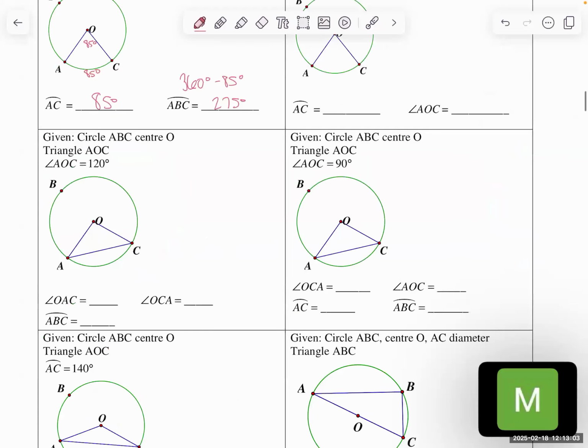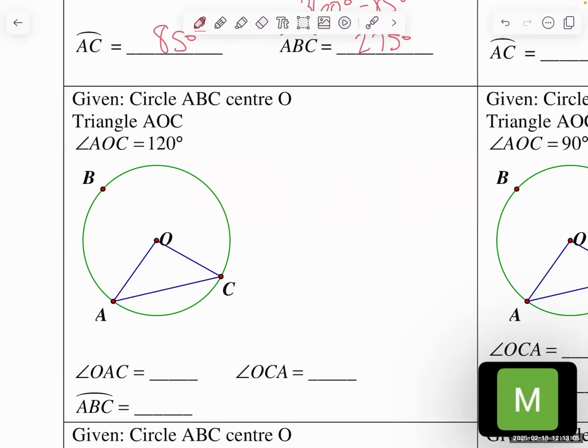So if we look at this one, O is the center, and AOC is 120, which makes this 120, which makes this 360 minus 120, which is 240. So arc ABC is 240.